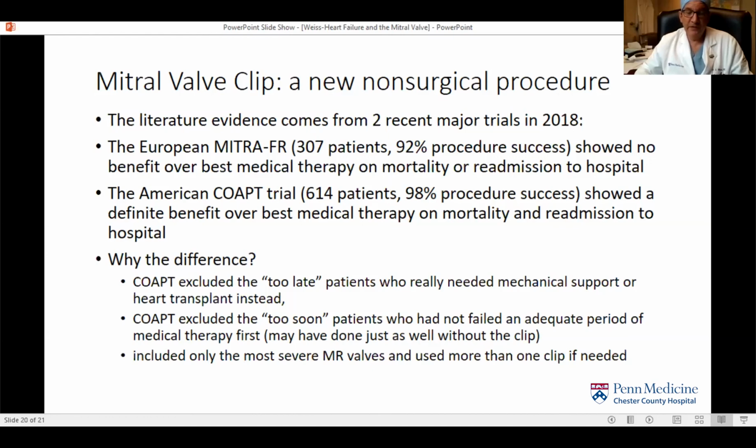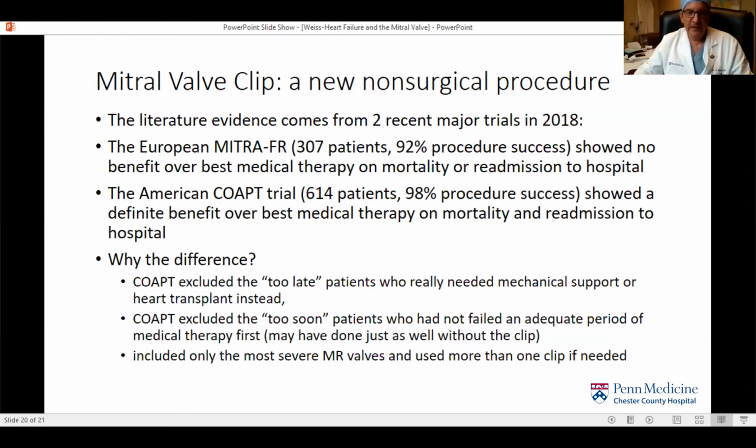What that means is, if we're going to give you medical therapy and you're going to get better, and we also put a clip in you and you didn't really need it, you would have done just as well without the clip. That also dilutes the successful group, because those were patients that would have done just as well without the clip.